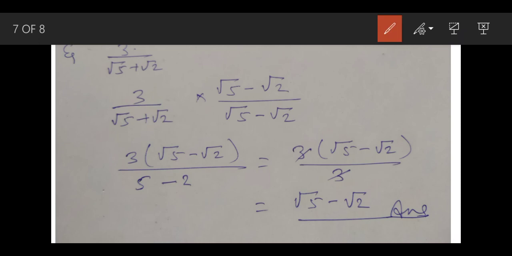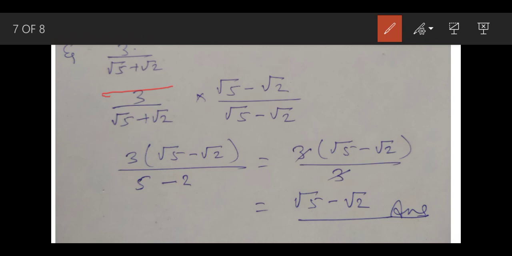Taking one more example, rationalize the denominator for 3 upon root 5 plus root 2. Very easy. Rationalizing factor of the denominator is root 5 minus root 2. So we will multiply the numerator as well as the denominator by root 5 minus root 2.